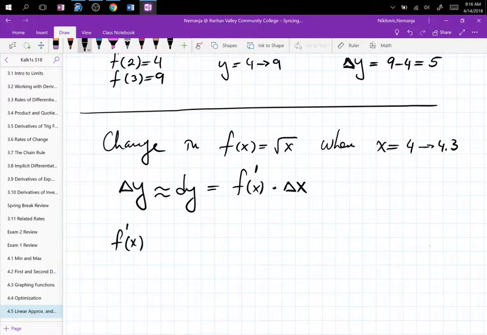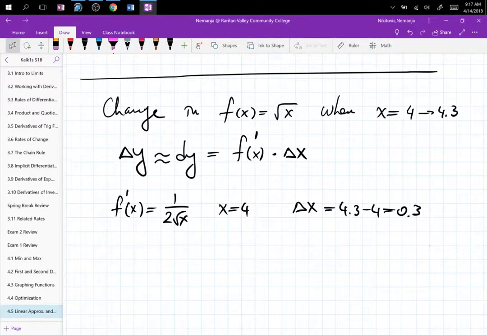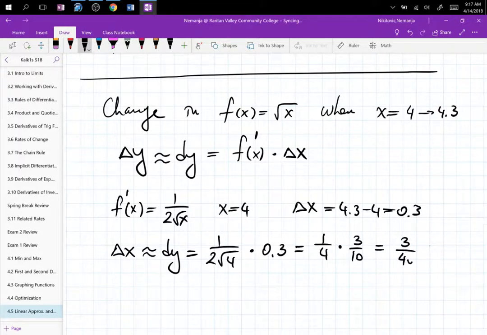The derivative of square root is 1 over 2 root x, and your x is equal to 4. And then delta x is 4.3 minus 4, which is 0.3. So delta y is approximated by dy, which equals 1 over 2 square root of 4 times 0.3. This is 1 over 4 times 3 over 10, and it's just 3 over 40.